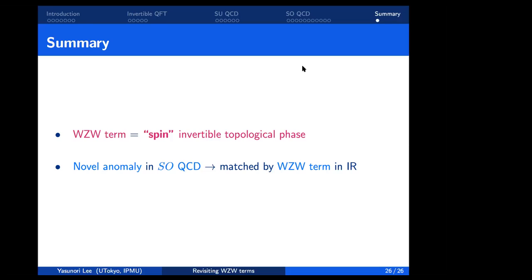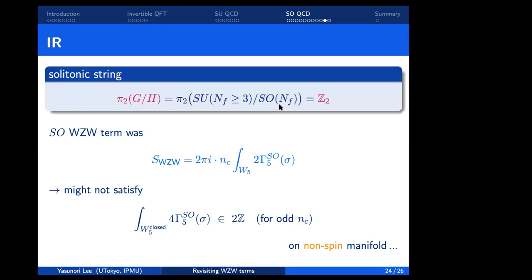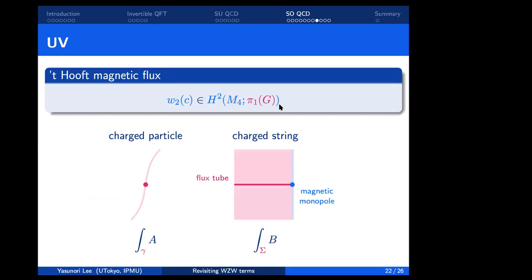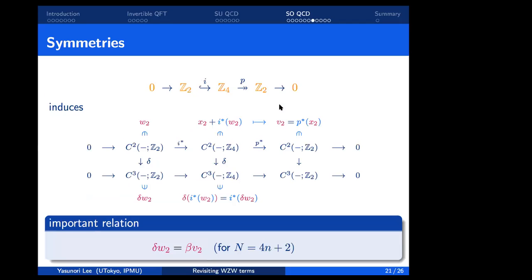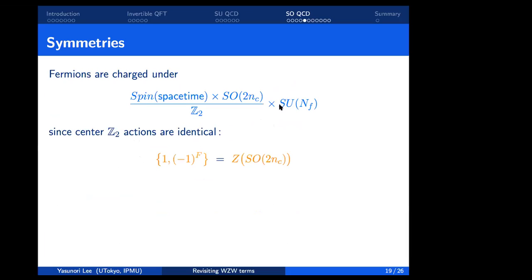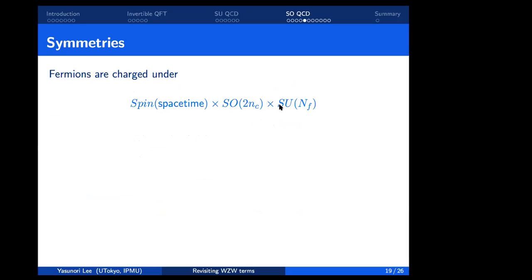Other questions? I have a question. The WZW term, if I differentiate it, it's proportional to the Chern class, right? Like the gamma 5 stuff. Which part are you talking about?